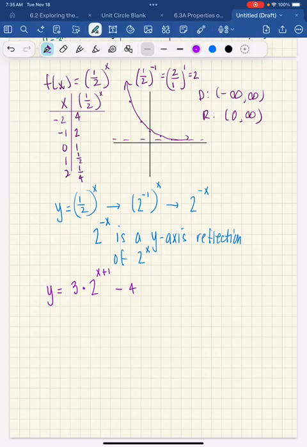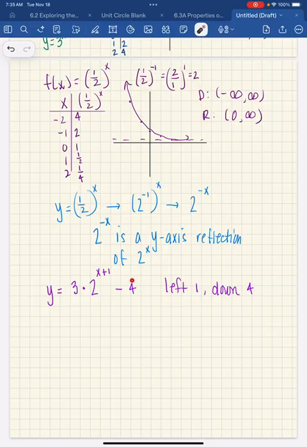So let's describe the transformations. This is going to be left 1, down 4. Down 4, that's your k. Your h, what number plus x is 0, and that would be -1.